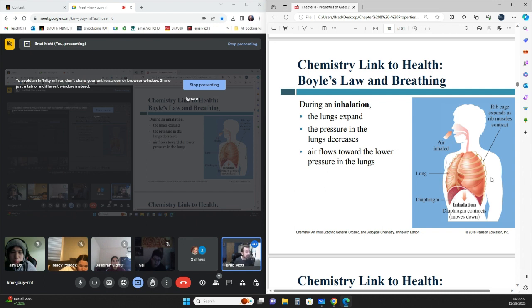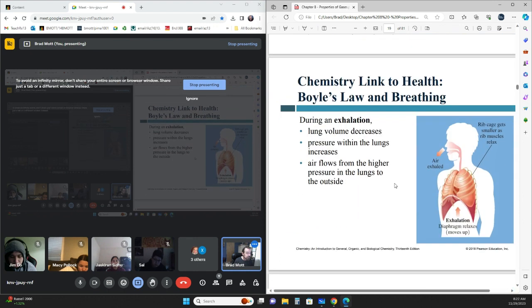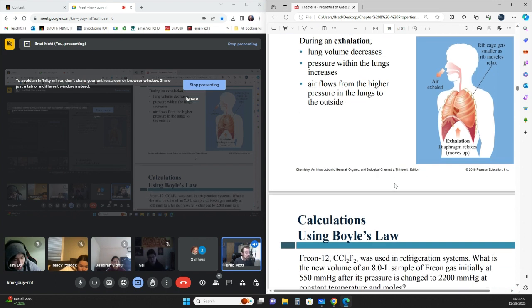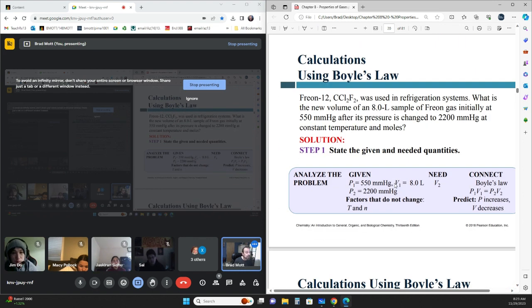That creates a pressure differential between the outside of your body and the inside of your lungs. Air will flow down the pressure gradient into your lungs. The exact opposite happens when the diaphragm relaxes: volume decreases, pressure increases, and air comes out of your mouth and nose.